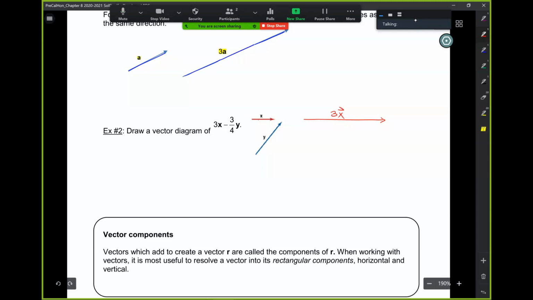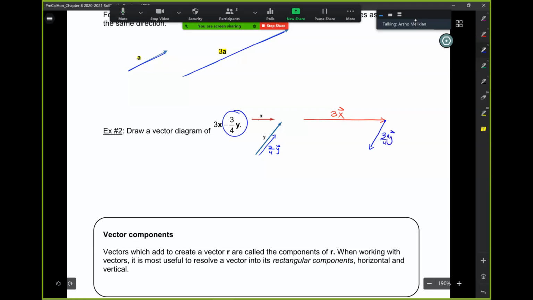And then 3/4 Y. This is Y. 3/4 Y is this big. But I don't want 3/4 Y, I want negative 3/4 Y. So from where this ended, I go in the opposite direction.